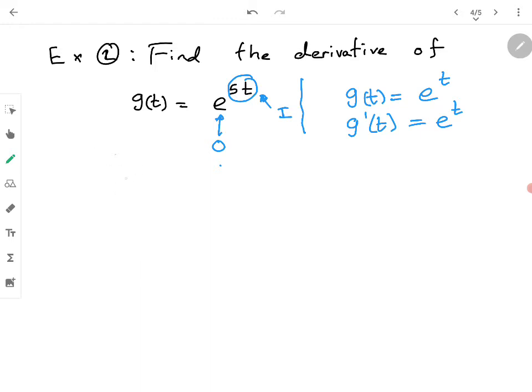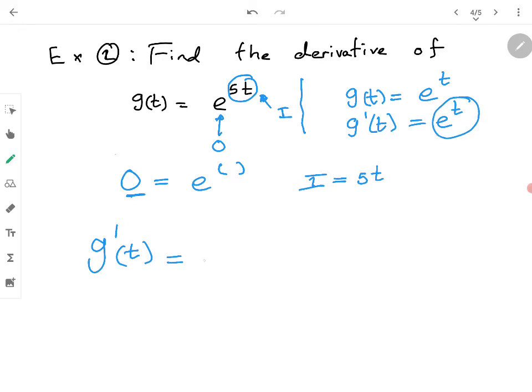So here, my outer function is the exponential part. The inner function is the exponent phi t. Then using the chain rule, you first find the derivative of the outer function. So the derivative of the exponential function is the exponential function itself. And instead of t, you need to write the inner function inside, so phi t.